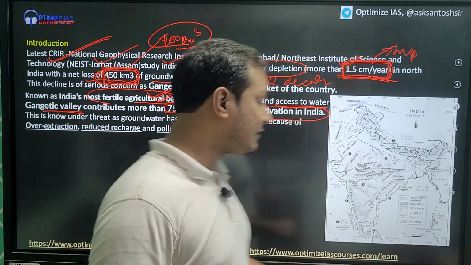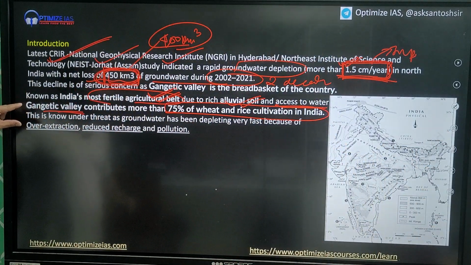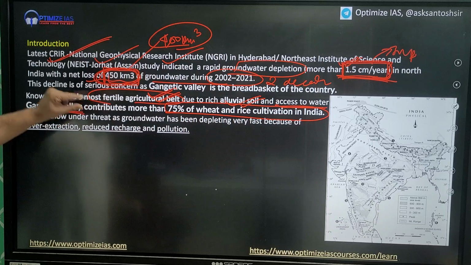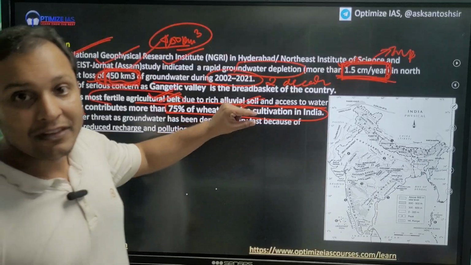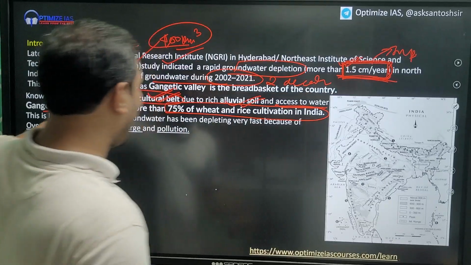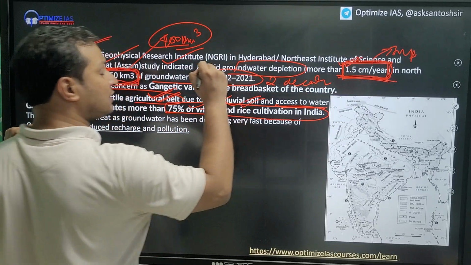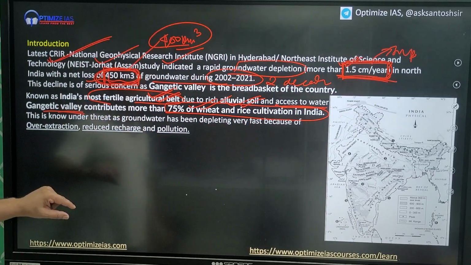So before that you have to establish that the Gangetic Valley is very important for the food security of India. And how to establish that? You can see in one line only I have established that the Gangetic Valley is one of the most fertile agriculture belts in India because of alluvial soil and water access, and it contributes 75% of wheat and rice cultivation in India.